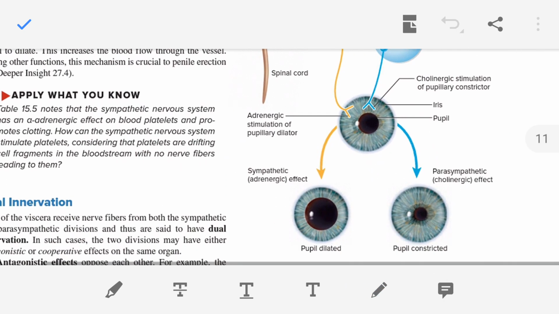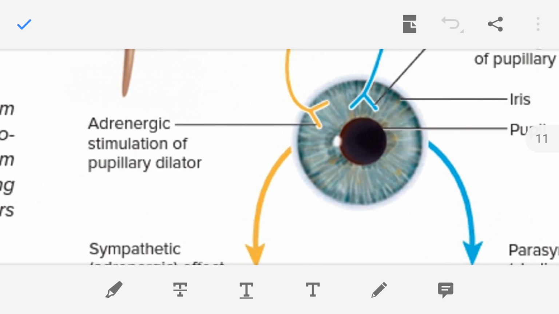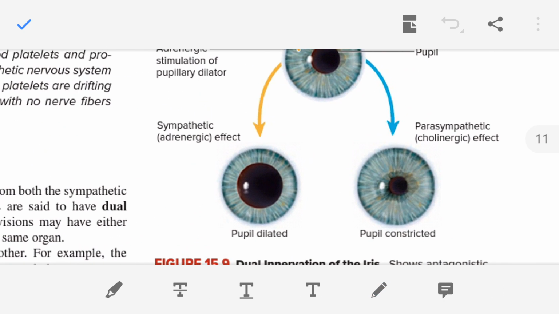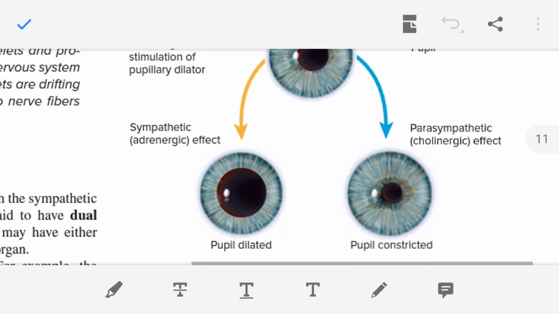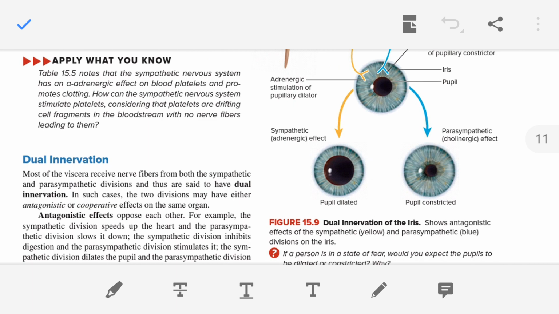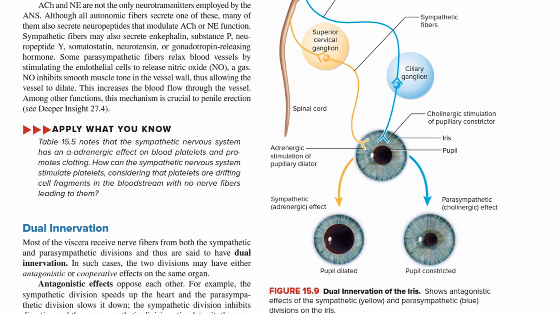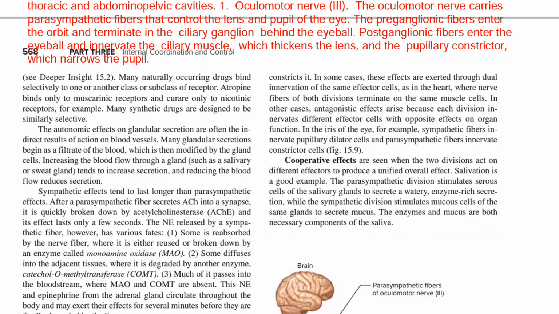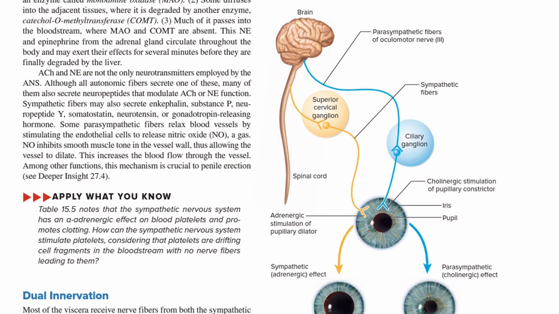Adrenergic means the neurotransmitter is norepinephrine, NE. Due to the sympathetic or adrenergic effect, the pupil is dilated. So I am showing you this. This is the theory point, and this is the figure.